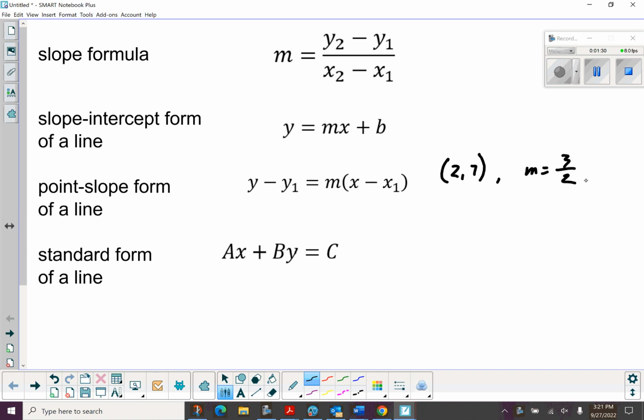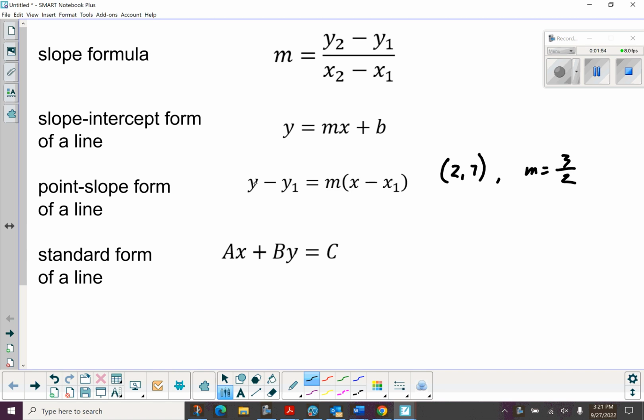Write the equation for that line. Well, okay, m is slope, we know that one. But the point 2, 7 is definitely not the y-intercept. So we can't simply substitute one of those numbers there. Since you were given a point and the slope, using the point slope formula seems like that would be appropriate.